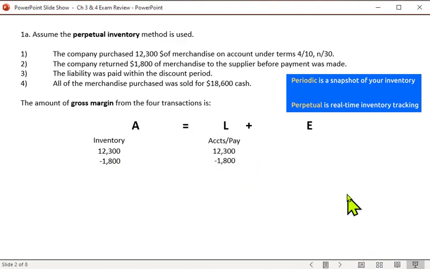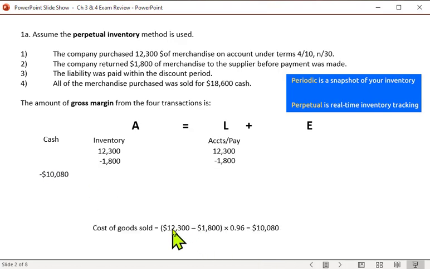All right. Now, third transaction, the liability was paid within the discount period. So we've got to figure out how much we owe this company, taking in what we bought minus what we returned, and then minus a 4% discount. So when we do that, we're going to reduce cash by $10,080.